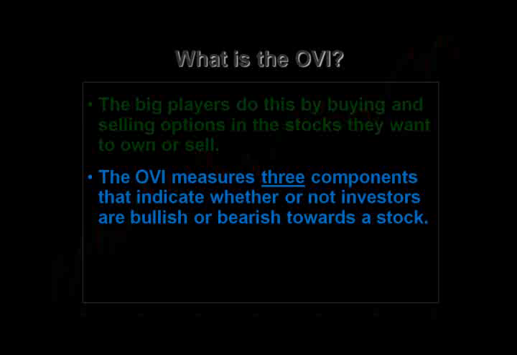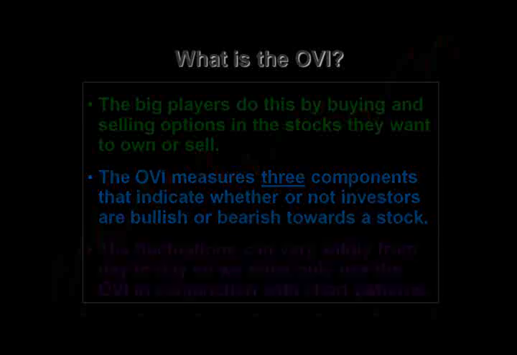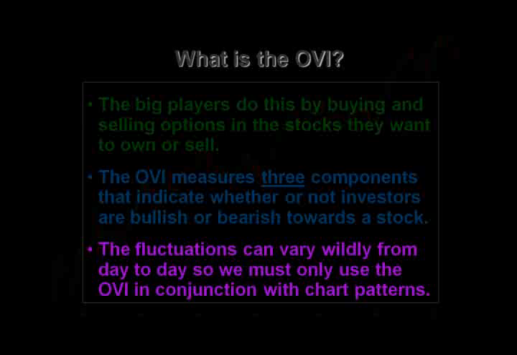The OVI works best with liquid stocks and options. The fluctuations of the OVI can vary wildly from day to day, so we must only use the OVI in conjunction with liquid stocks and options first, but also only in conjunction with tradable chart patterns, where we can make a good entry into a trade.